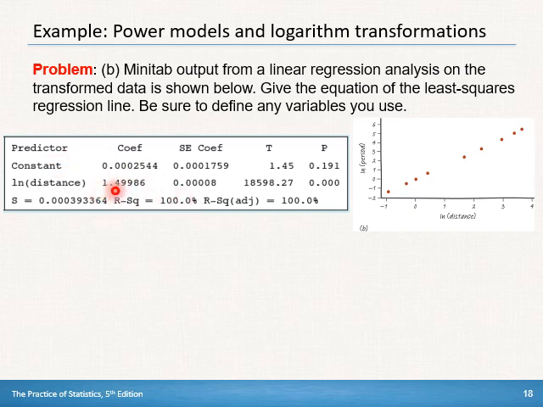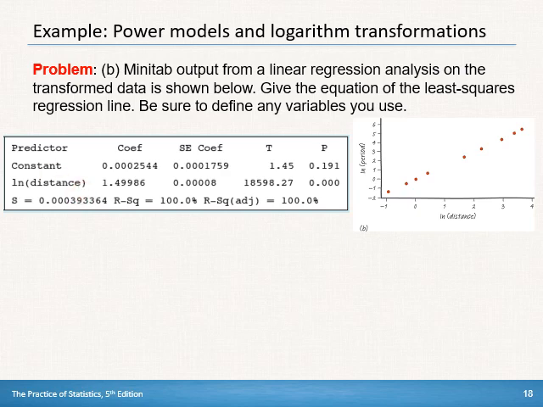And then the 1.49982 is the slope of this line, after we have transformed it. So you can see here that it's the natural log of the distance, and it's actually plotted against the natural log of the period as well.